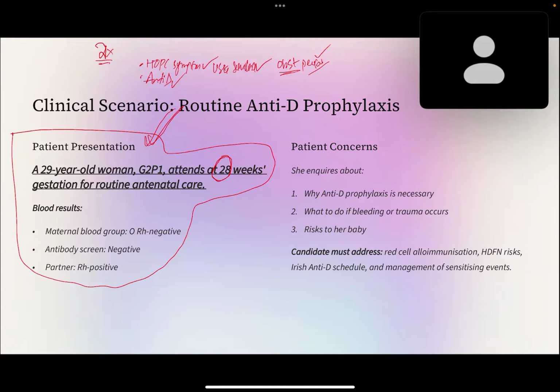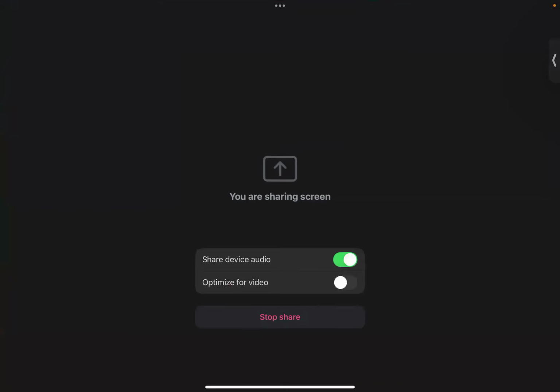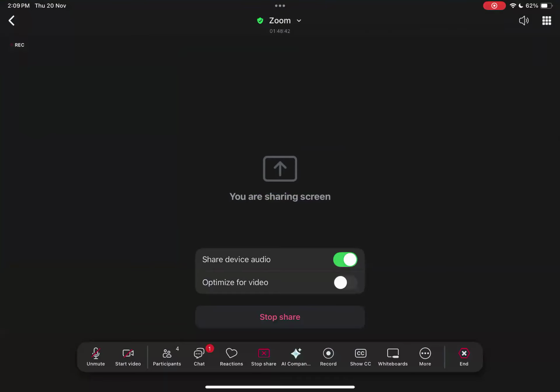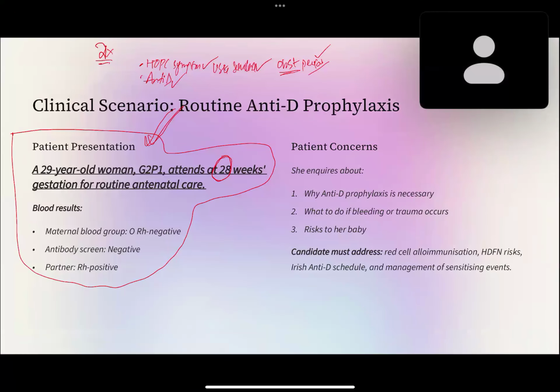So what are the sensitizing events for which you have to cover anti-D? Starting from the first trimester, there is MTOP and STOP. All of the patients would receive anti-D, and in MTOP, if the patient bleeds really heavily and has a lot of pain, then we give at least 250 international units if she's less than 12 weeks. If she is between 12 and 20 weeks, we give 625 units.